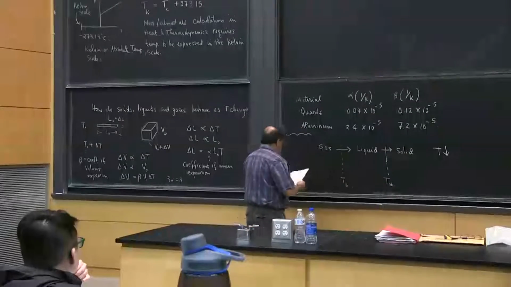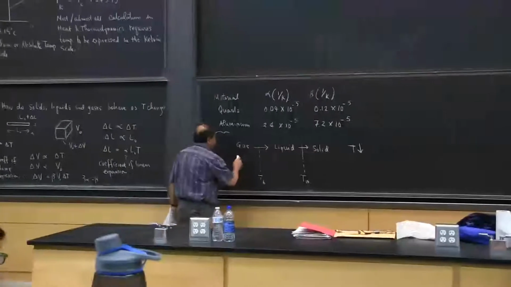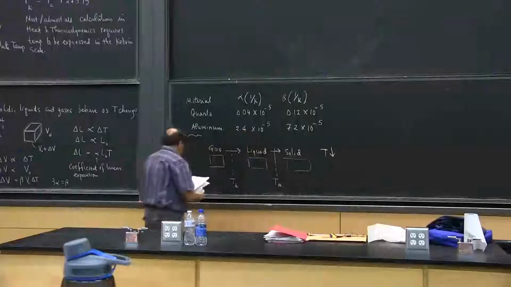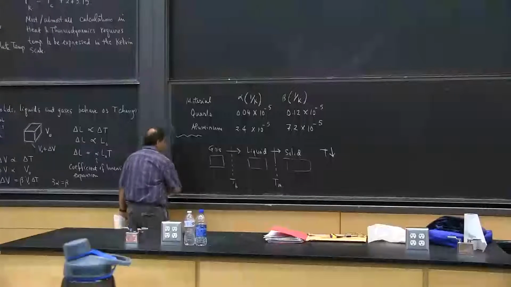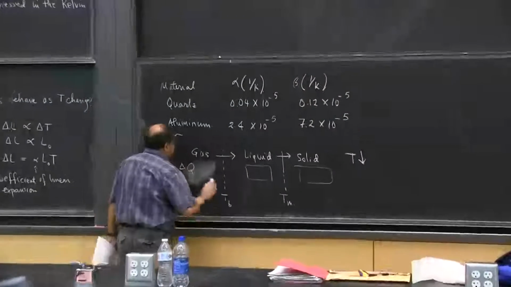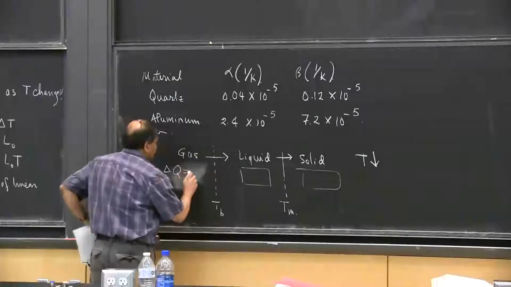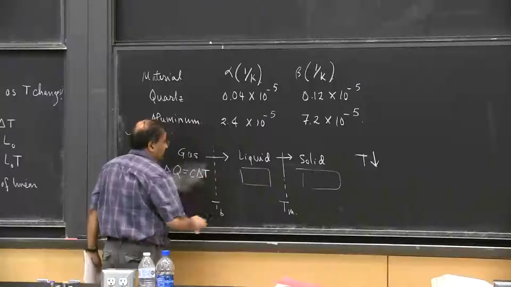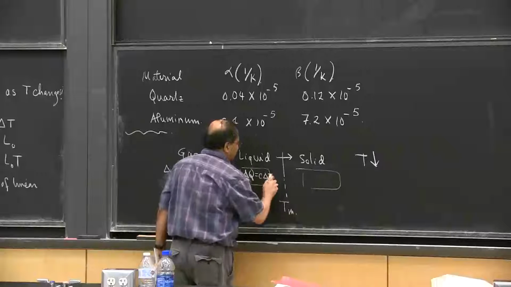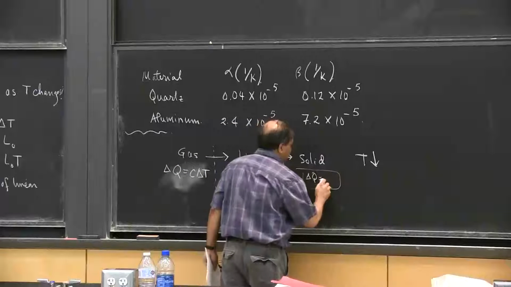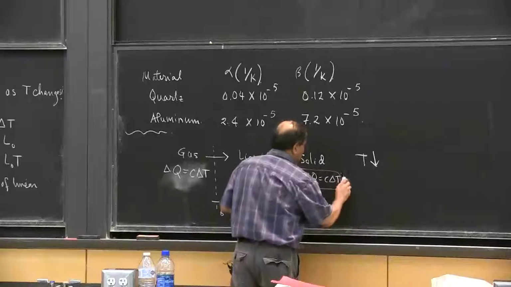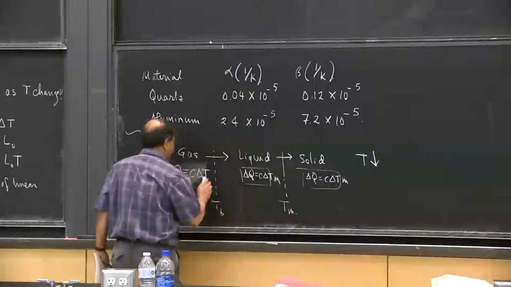Now, one of the things I pointed out as you do these calculations is that when you are in a given phase, let's say the gas phase, the liquid phase, or the solid phase, the equation you have to think about to understand how much heat enters or leaves the system typically goes like delta Q equals some specific heat capacity times delta T. So in each of these phases, you have delta Q equals C delta T. And of course, if you have an amount of material, there will be an m here.